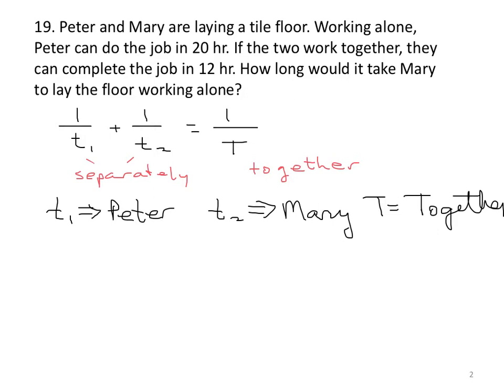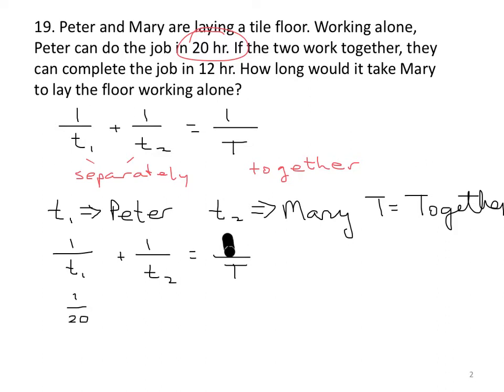So what are we given? Well, let's write our equation again. So let's plug in the values. T1 is going to be Peter's time. Peter's time is 20 hours, so we have 1 over 20 here.